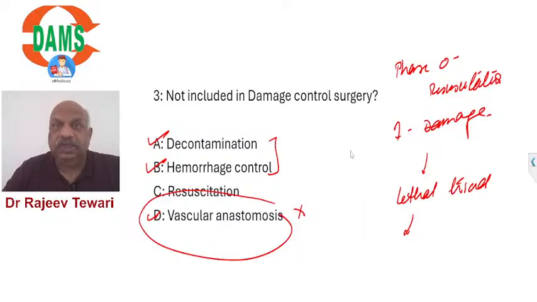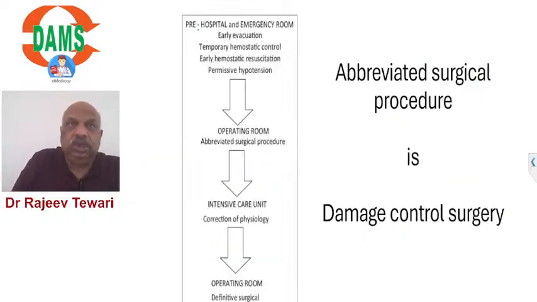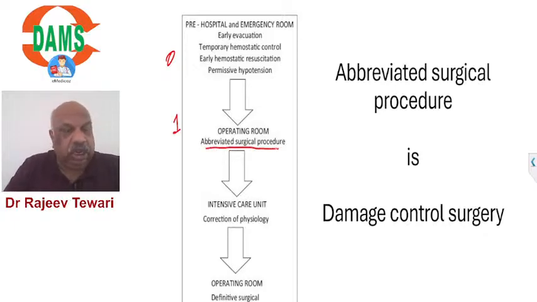That's actually phase 3. So damage control, this is phase 0, resuscitation. This is phase 1 where you do abbreviated laparotomy, which includes hemorrhage control, infection control and no further injury. This is phase 2 in ICU where you manage lethal triad, acidosis, hypothermia and coagulopathy, and finally phase 3 where you go for definitive repair.